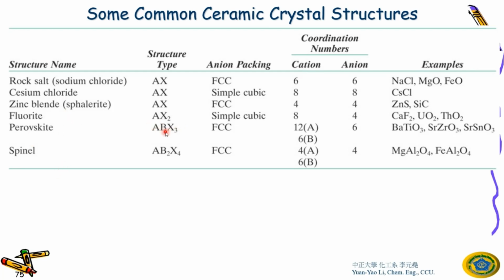You call it ABX3, meaning A and B represent cations and X the anion. There are some examples here, but it's a little bit complicated, so we don't have time to talk about this in this class.